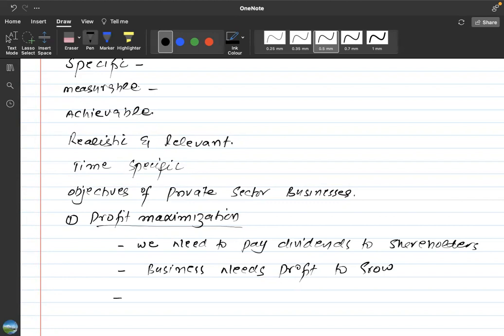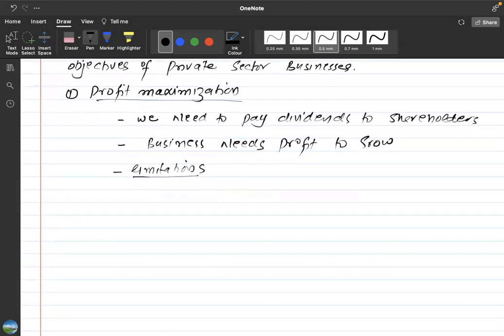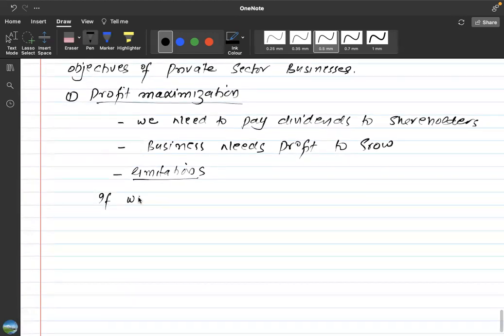But there are certain limitations too when we make profit maximization the objective of the business. If we focus too much on the profits, especially in the short run, that might allow competitors to come into the market. Because for the maximization of profit, we will be charging higher prices in the market.